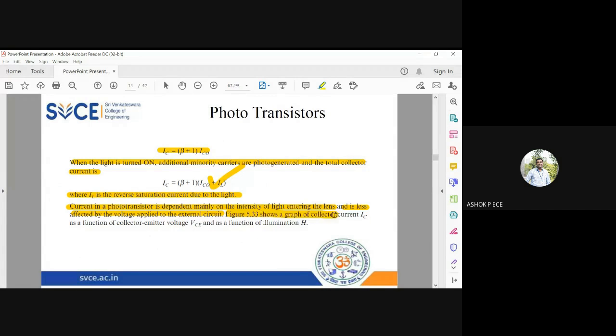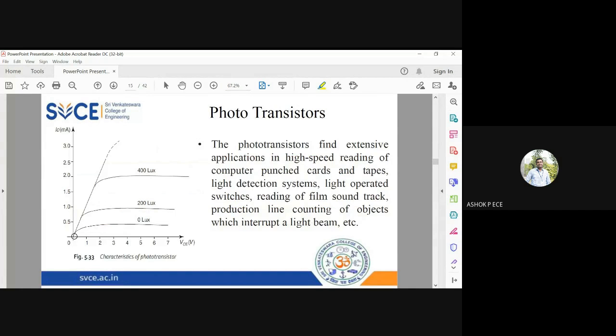The VI characteristics is given here as a function of H. You can see when you don't radiate light, you have the dark current here. The curve corresponding to zero lux is called the dark current. For higher values of lux, you can see the collector current is increasing, just like what we have in the output characteristic graph. It increases and then becomes saturated, it becomes constant.